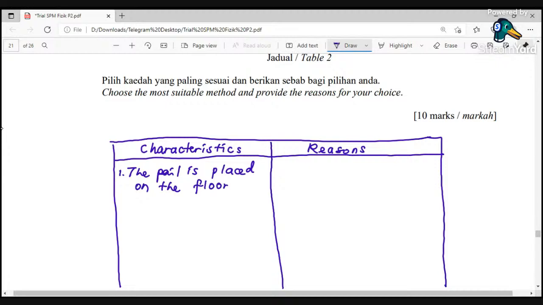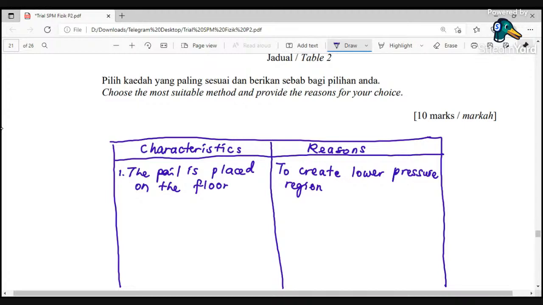The pail is placed on the floor. Okay, the first characteristic. Reason. Okay, to create lower pressure region. Because our purpose is to create difference in pressure. So end of the hose which is placed in the pail will produce lower pressure point or lower pressure region.